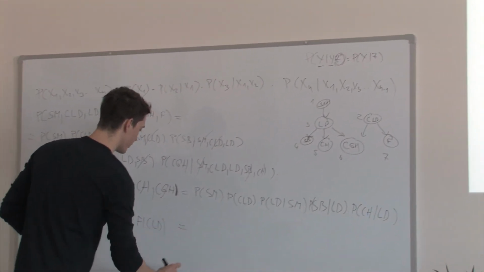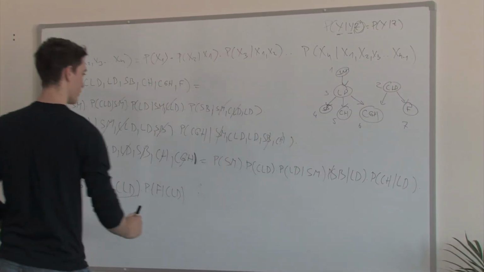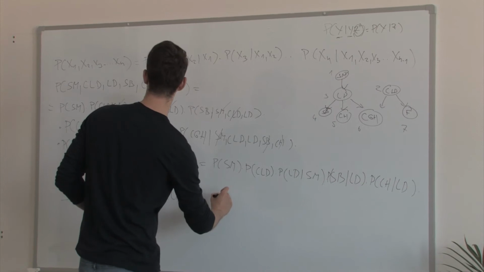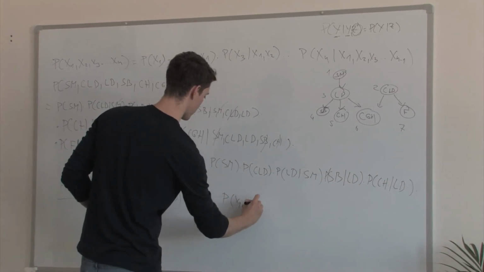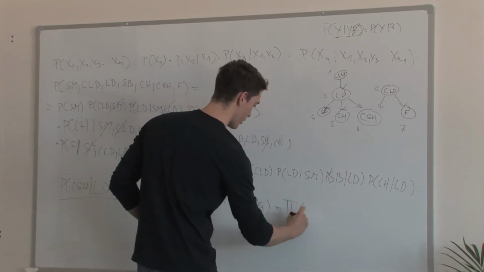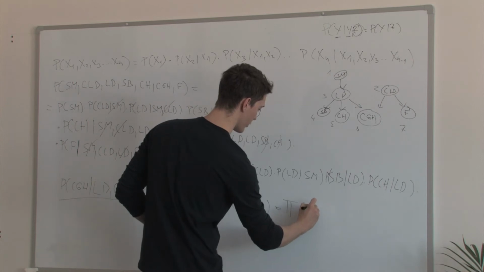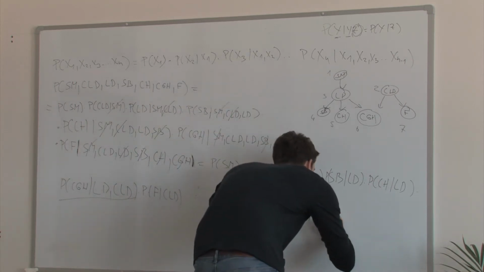So for the Bayesian network, we can write that the joint probability distribution can be expressed as a product of each node given the parents of the node.